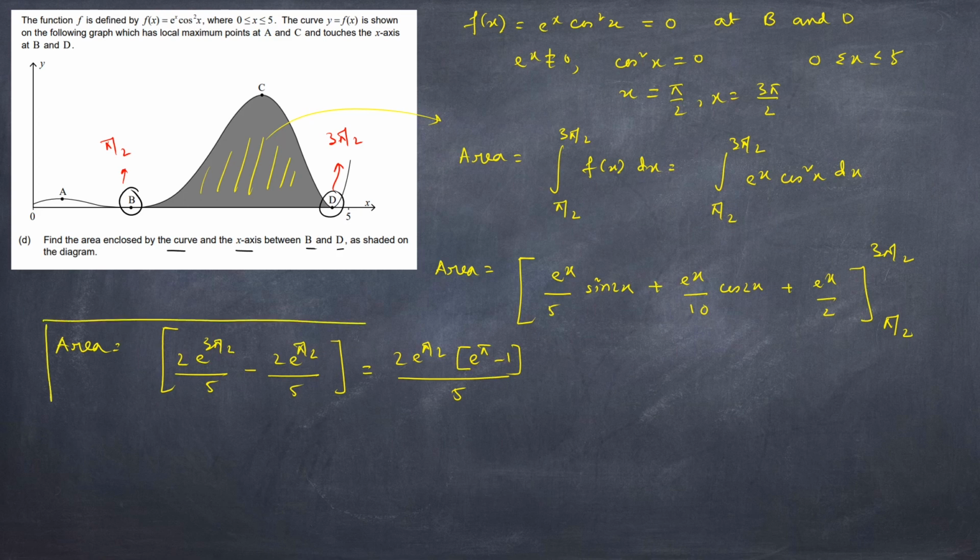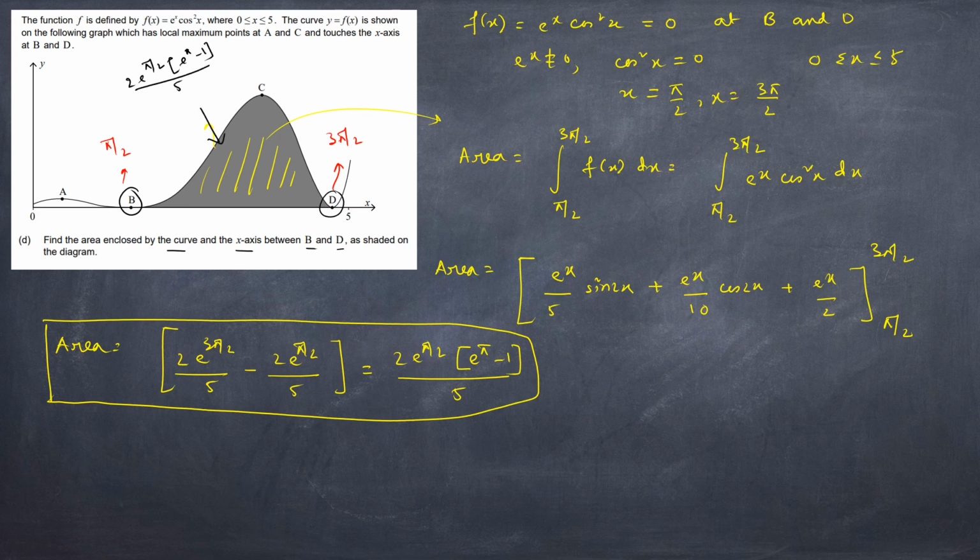This is the value of the area under the curve in the shaded region. This area is 2 e to the power pi by 2 times e to the power pi minus 1, whole divided by 5. This is the area of this particular shaded region.